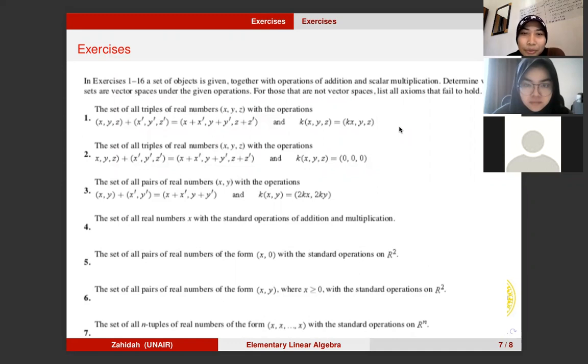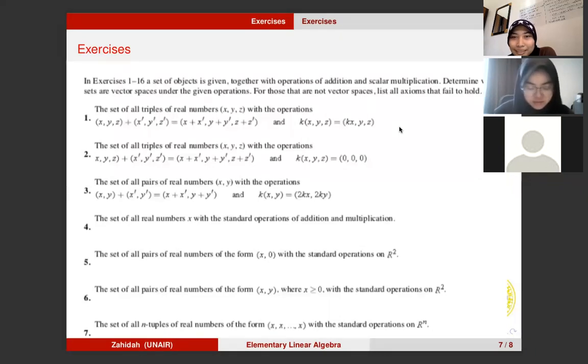Can you guess for number 1, which axiom? Or guess first, is this a vector space or not? Not a vector space. Okay. Which axiom?